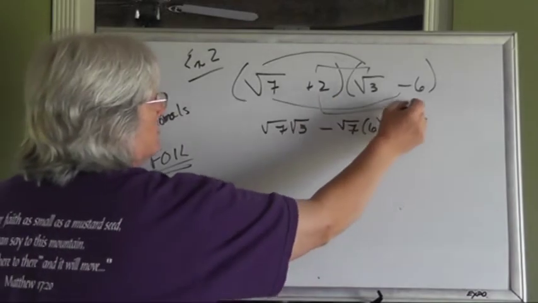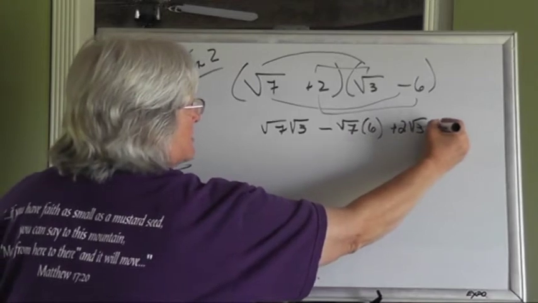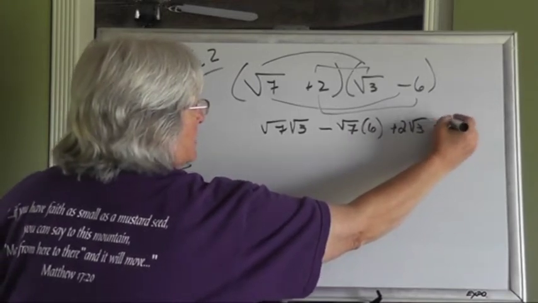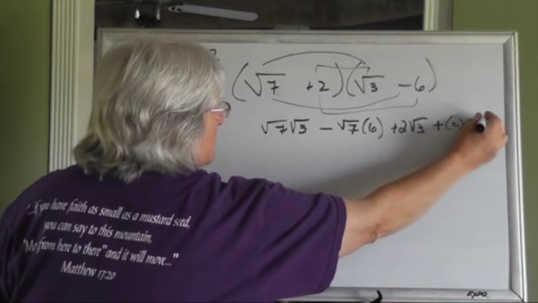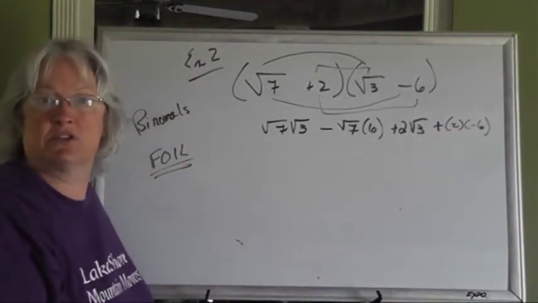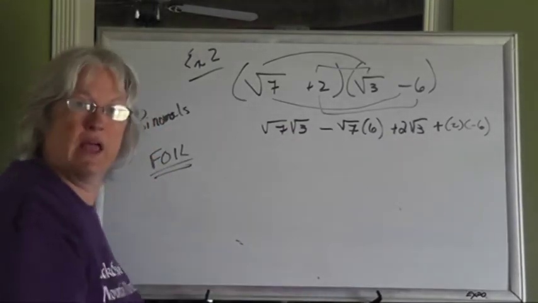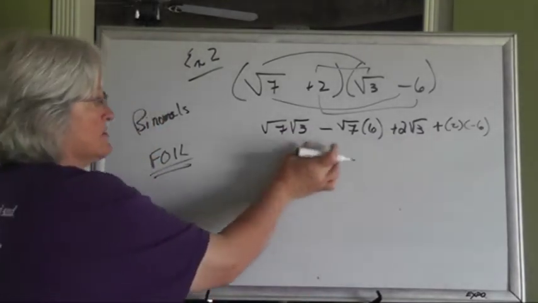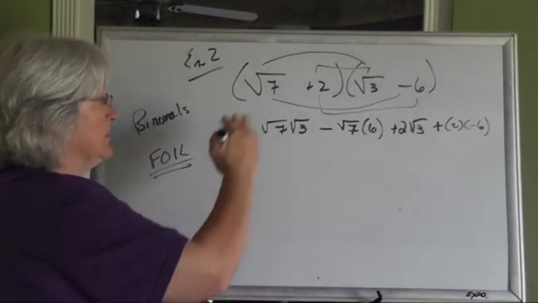And our last term is plus 2 times the negative 6. Make sure, yes, that's all on there. Now, you don't have to write out all of these products in this form, but I just want to have it written on this one so that you're very clear what I'm doing.